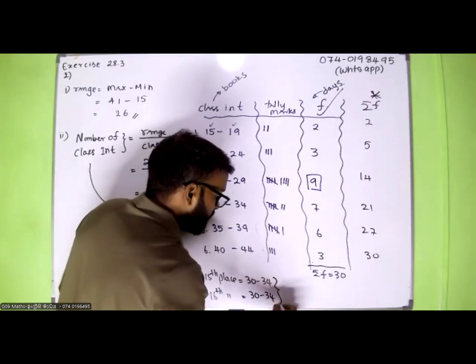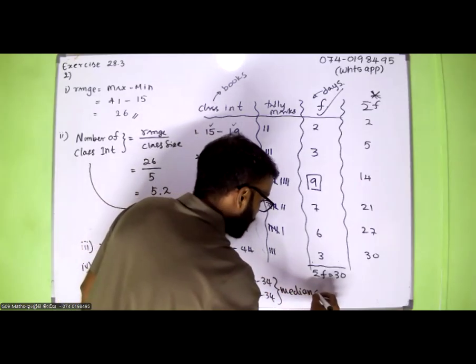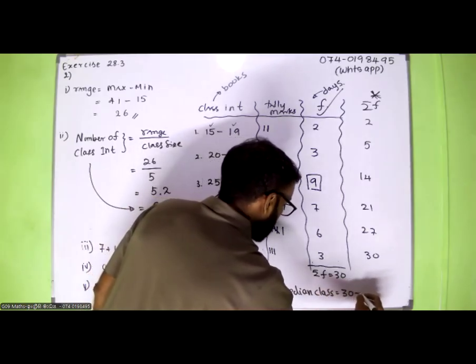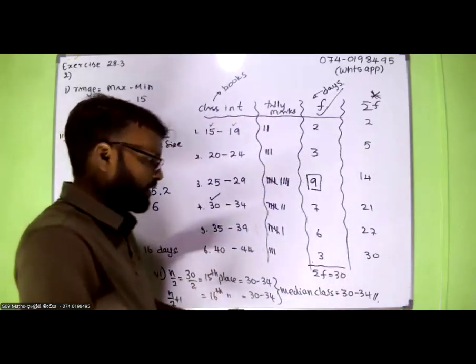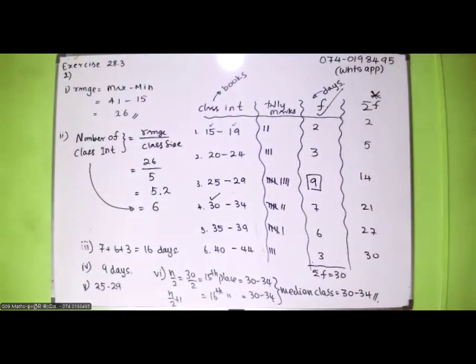So your final answer is the median class equals 30 to 34. So that is the thing that you need to understand. Right. So guys, make a theory. Did you understand this?